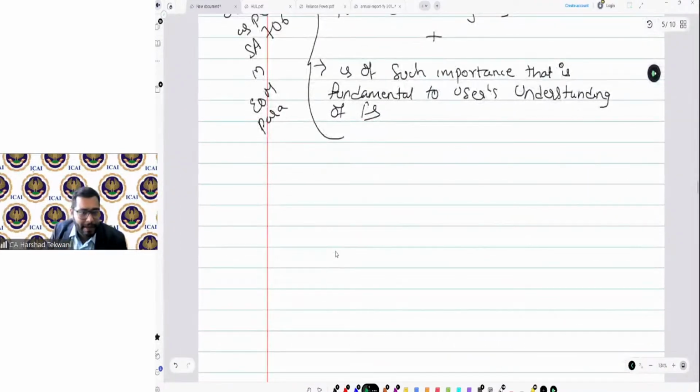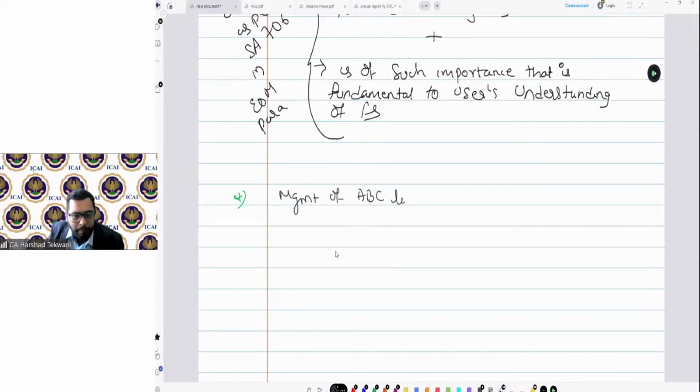Now, let's say, for example, management of ABC Limited prepared financial statements for FY 22-23.